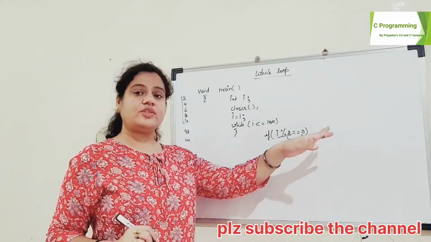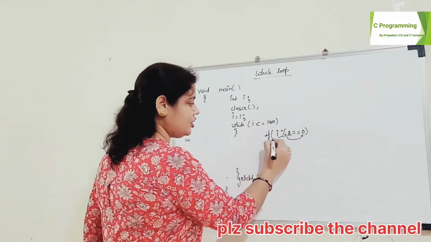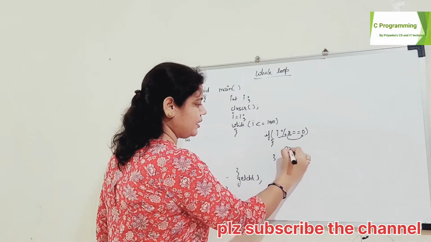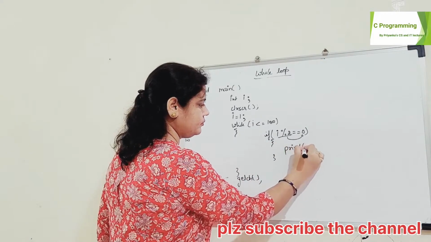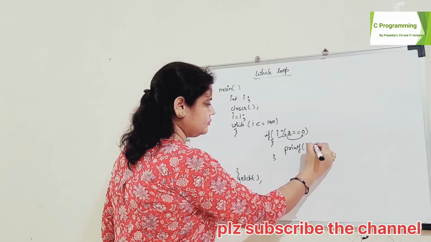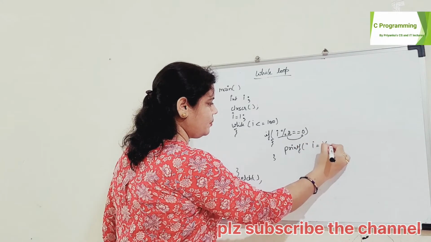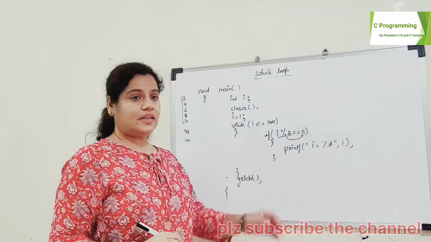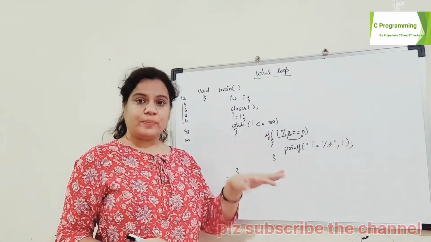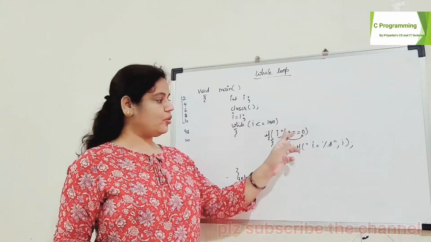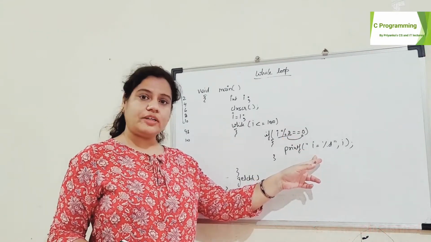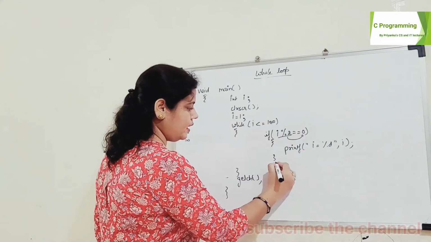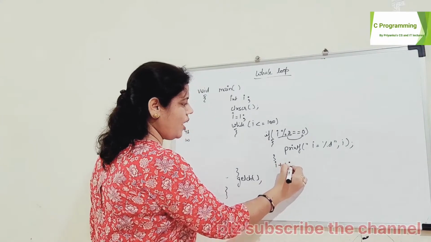If it returns true, then I need to print the statement printf I is equal to %d, the value of I. Otherwise, in the else case, I need to print something? No, because I need to print only even numbers, not odd numbers. Simply I plus plus. There is no else for this.